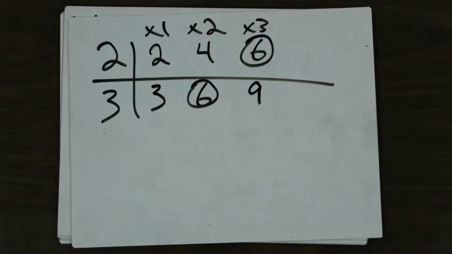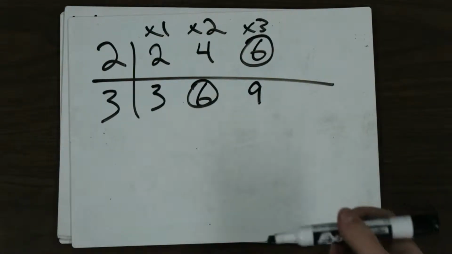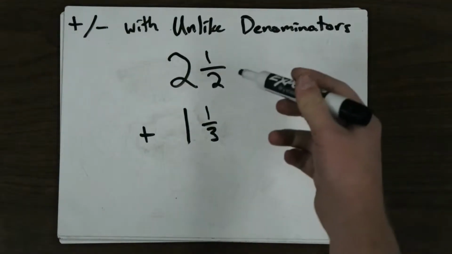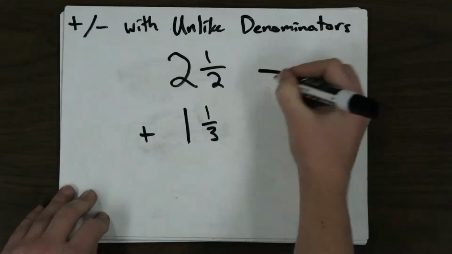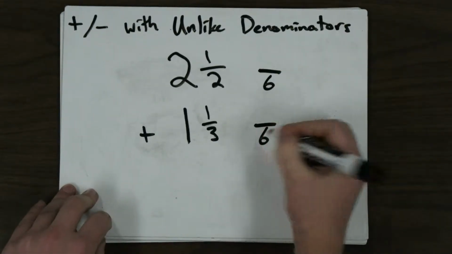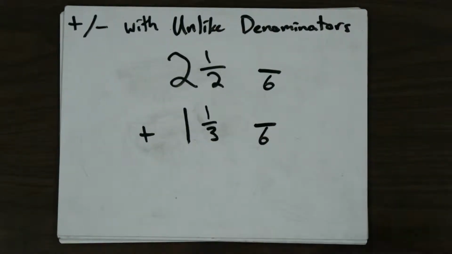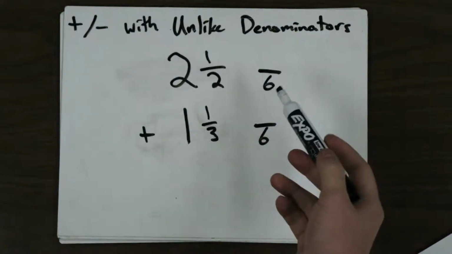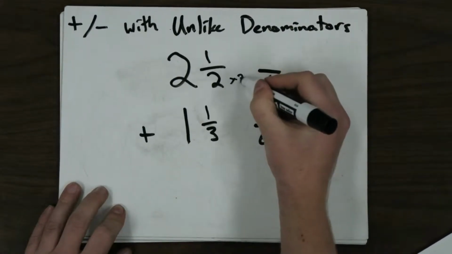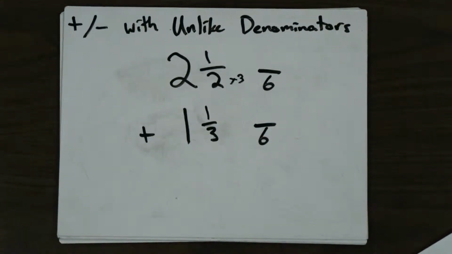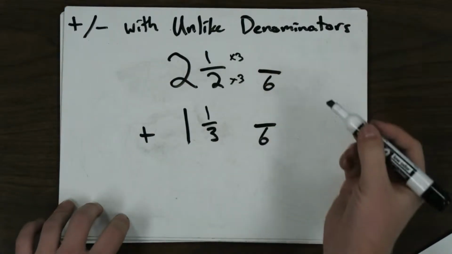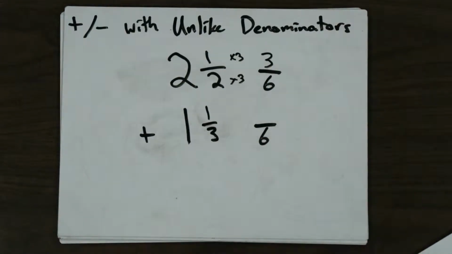What that tells me is I can rewrite both of those fractions that have different denominators. These 2, I can rewrite them as fractions over 6. Okay? So I have to think about 2 times what gets me to 6? Well, 2 times 3 gets me to 6. And if I multiply the bottom number times 3, I've got to multiply the top number times 3. 1 times 3 is 3.